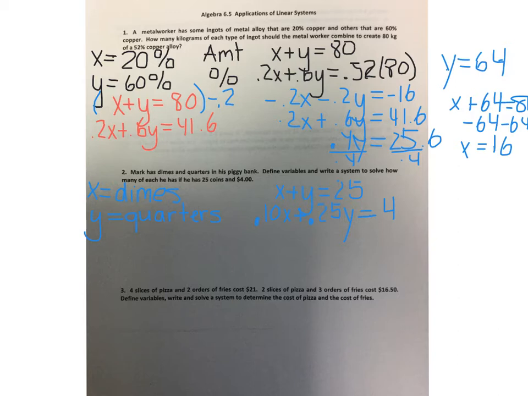This time I'm going to multiply my top row by negative 0.10. You could multiply the top row by negative 0.25 if you wanted to, or you could get y by itself and then use substitution. It's totally up to you. So if I do this, I'm going to end up with negative 0.1x minus 0.1y equals negative 2.5.